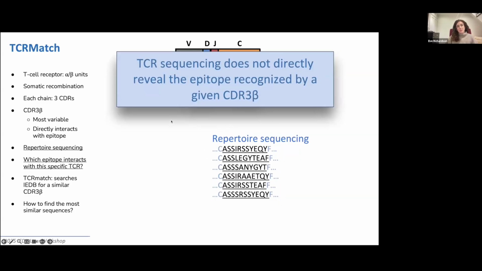The limitation is that TCR sequencing by itself, with the exception of certain experimental setups, doesn't directly reveal the epitope recognized by a given CDR3 beta. So you have all of this data about which TCRs a person is making, but you're not able to map those to the epitope specificity.